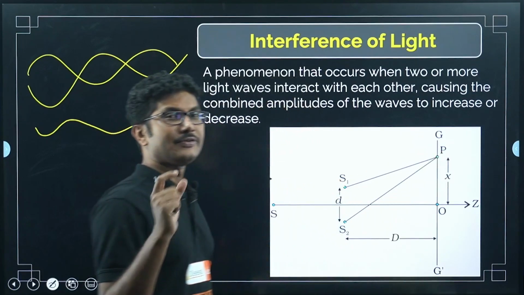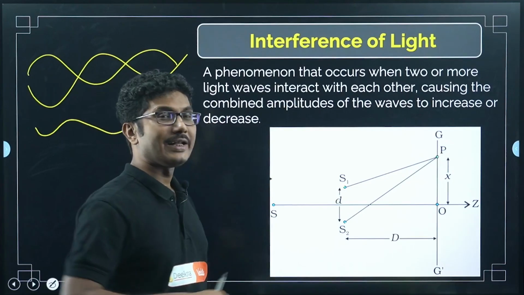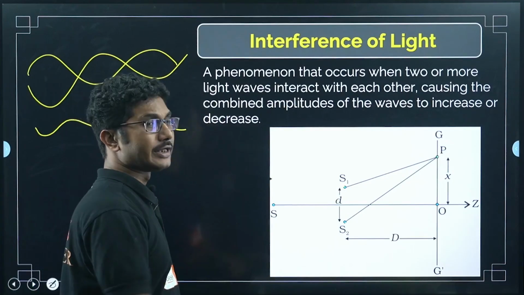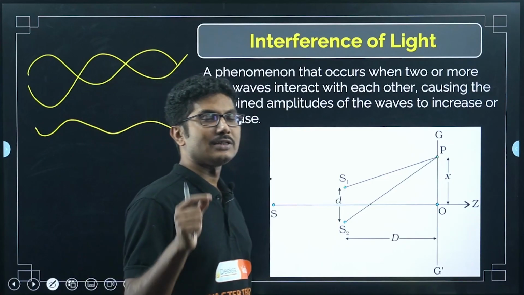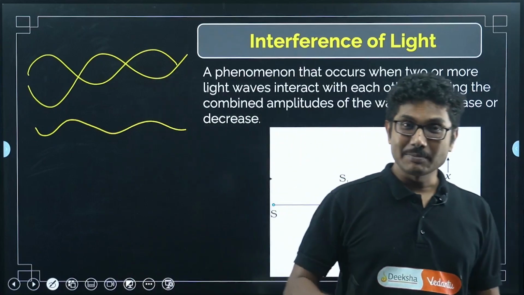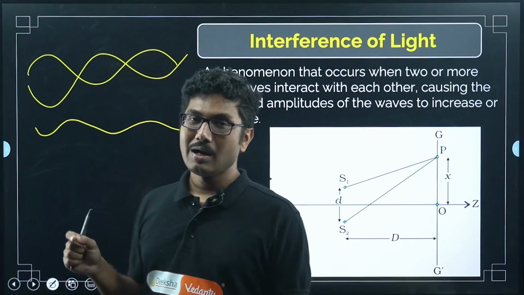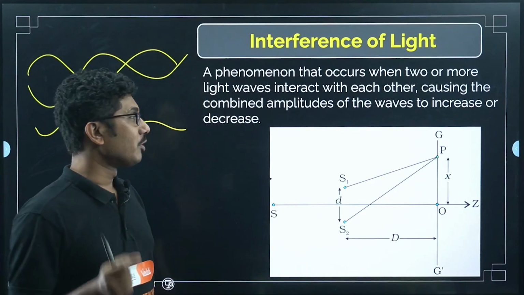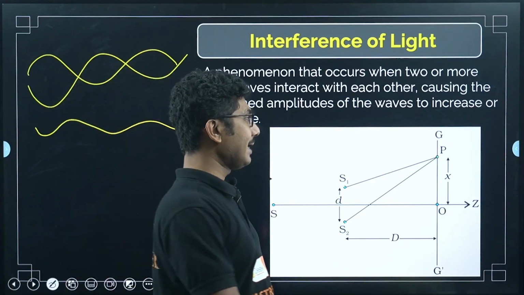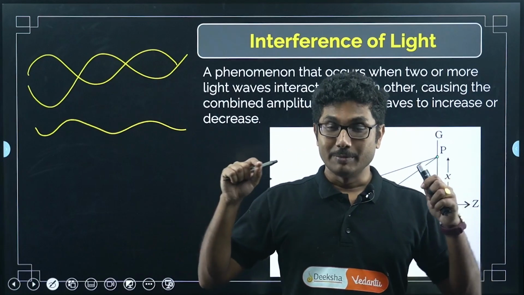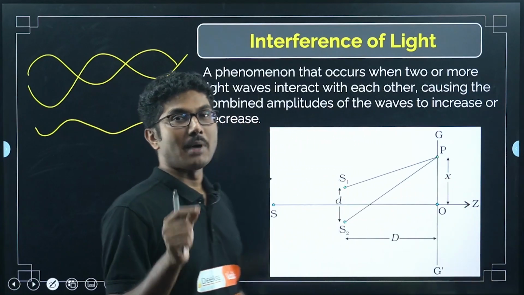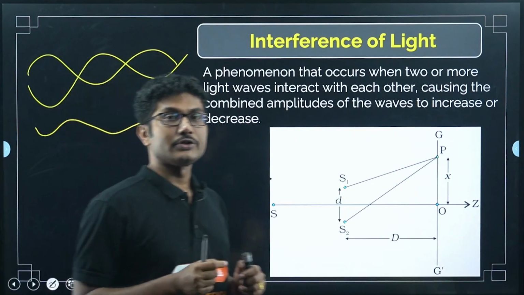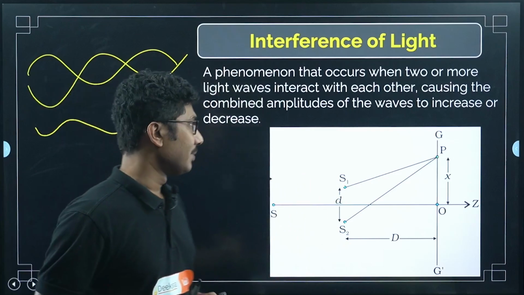Based on the phase difference, we obtain either very high intensity light or very low intensity light. High intensity is called maximum, or maxima for plural, and minimum intensity is called minimum, or minima for plural.